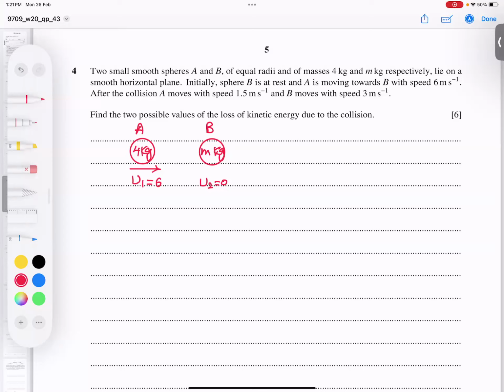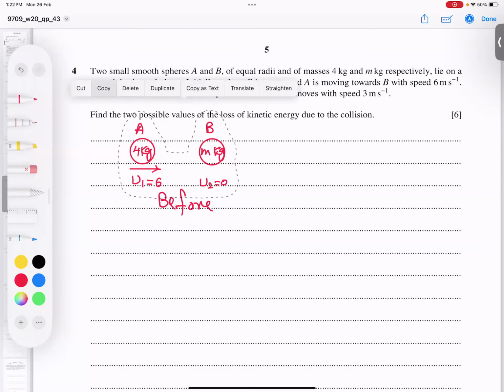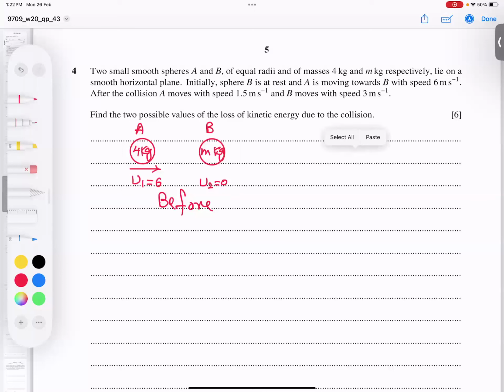After collision, the speed... okay, after collision means this is before collision. Before collision. Now I will do the whole thing. One minute. This is after collision. Copy and paste here.